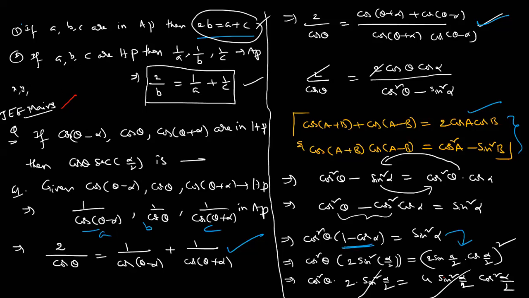X, Y, Z, I'm adding one more point. In HP, what can you say? 2/Y is equal to 1/X plus 1/Z. Keep this point. That's what HP means. Directly you can say if A, B, C are in HP, then 2/B is equal to 1/A plus 1/C.